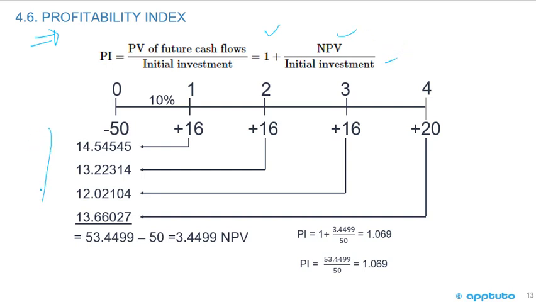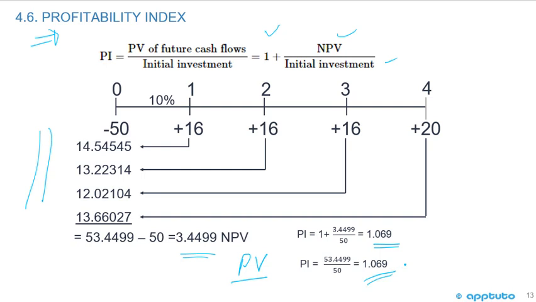So just going back to my example that I used, we had a net present value of 3.4499. So the profitability index using the net present value, 1 plus the net present value over the initial investment, 1 plus 3.4499 divided by 50, gives us 1.069, which is the same thing as the present value divided by the initial investment, which was 53.4499 divided by 50.